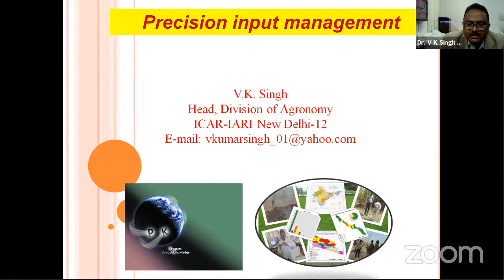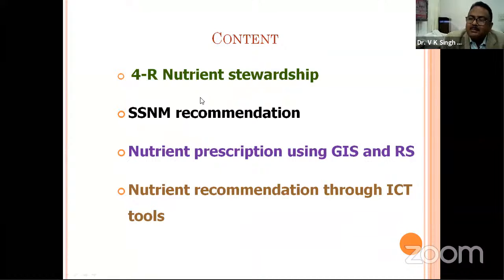And these are new dimensions of putting the nutrient management perspective in Indian agriculture. We all know that there are three major components in crop production. First is seed, second is nutrient, and third is water.